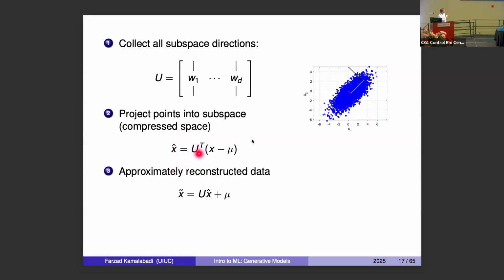Note that x hat is just this U matrix transpose times x minus mu, okay? And then we want to do an approximate reconstruction, because we have already projected it into that compressed space. Now we want to go back. What we do is approximately reconstruct the data, call that x tilde, by multiplying this U with that data. And now you add the mean that we had subtracted at the beginning, okay?